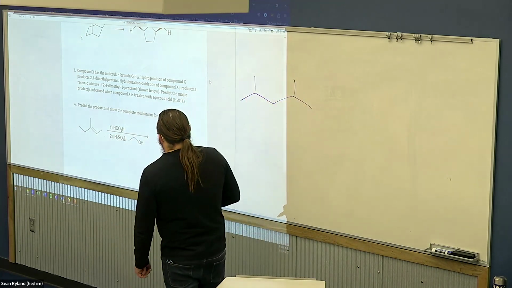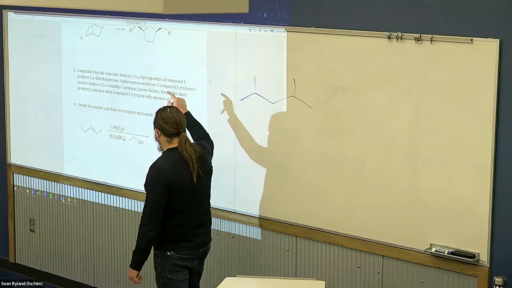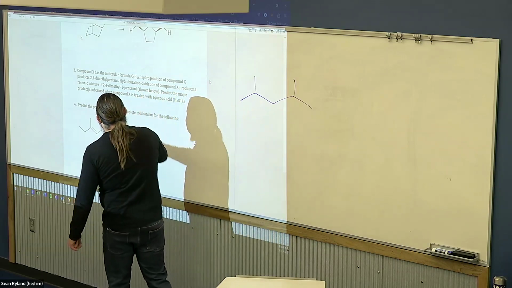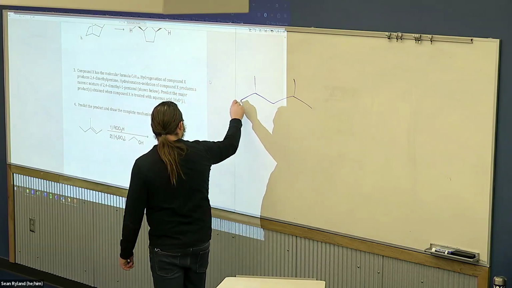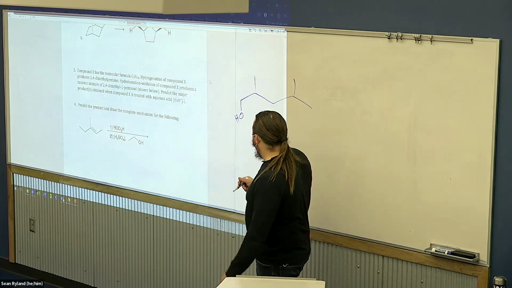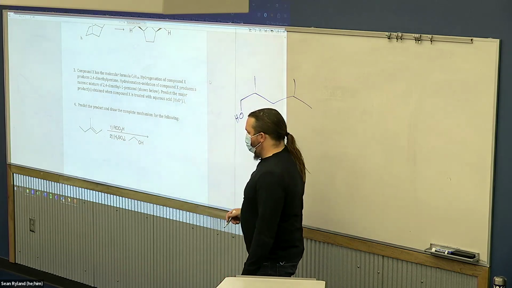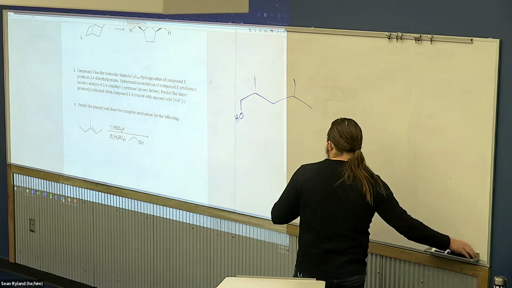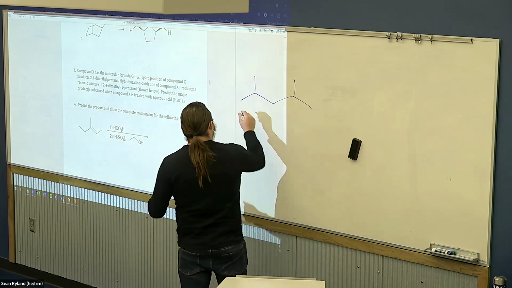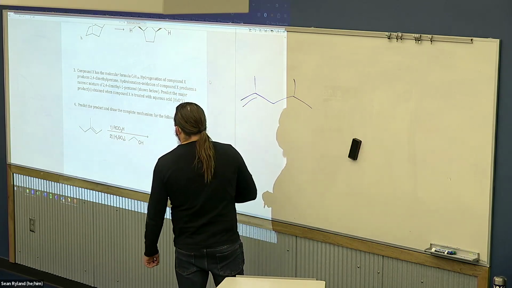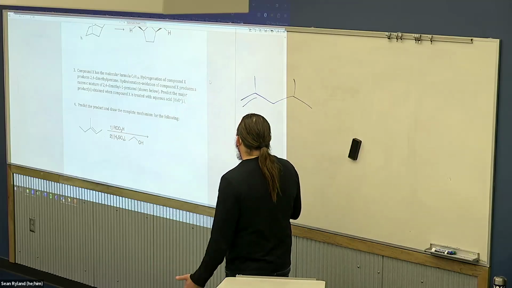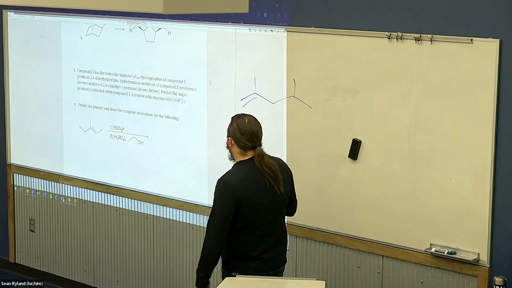But we still don't know, just based on that, where the pi bond was, but the fact that the hydroboration gives us the anti-Markovnikov product, 2,4-dimethyl-1-pentanol, means that the pi bond had to be right there. And then the acid catalyzed hydration, the major product when treated with aqueous acid, gives us the Markovnikov product.